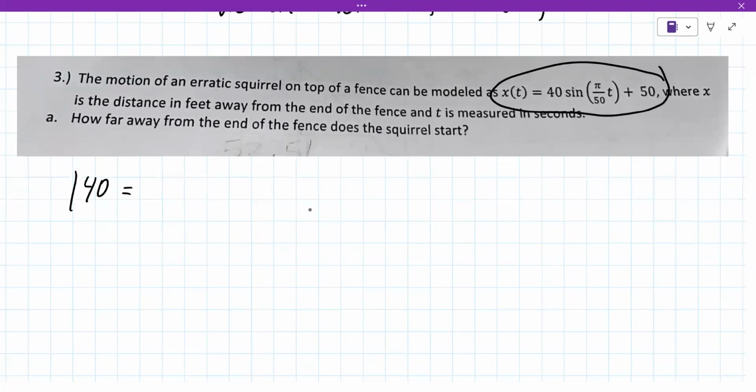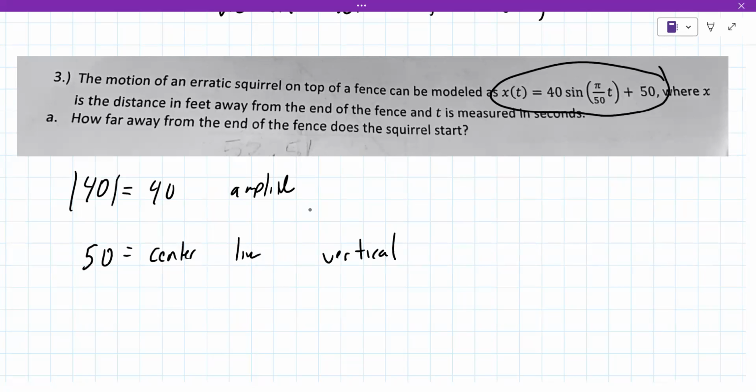The 40 is the amplitude. So the amplitude is 40. The 50 is the center line. It's also called the vertical shift. That's kind of right where it is.